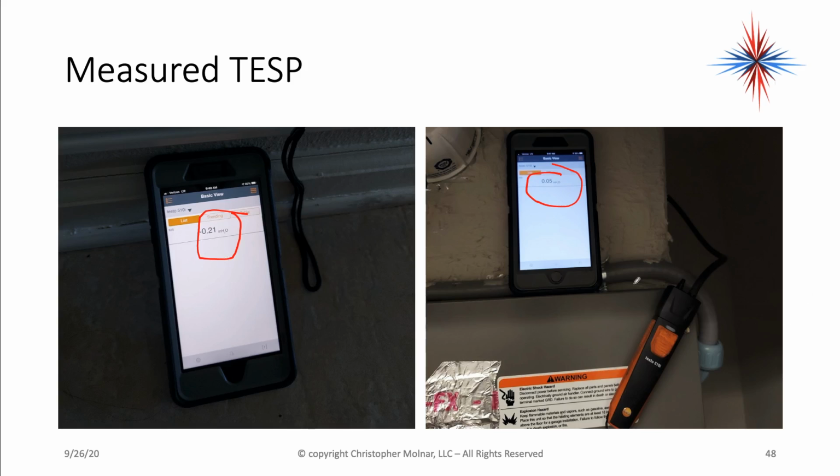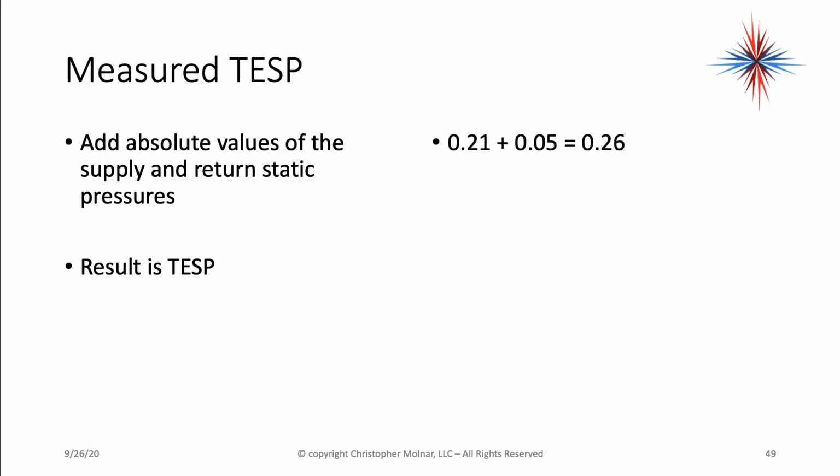This here is a positive, and you look and see this is a negative. Well, I don't care about that. I'm going to drop the signs and add the two numbers together. For my 0.26 inch total static pressure, I'm going to take my absolute values, 0.21, 0.05, 0.26, gives me my total static pressure.